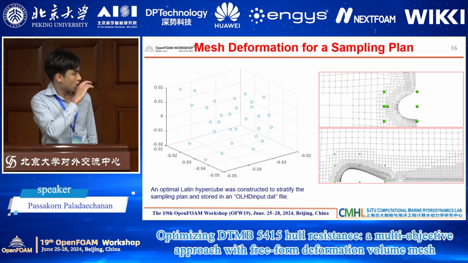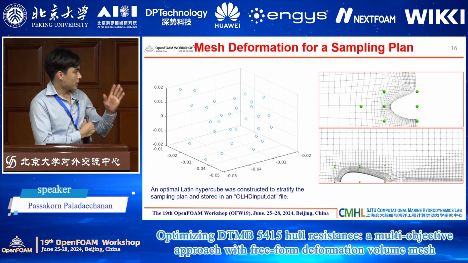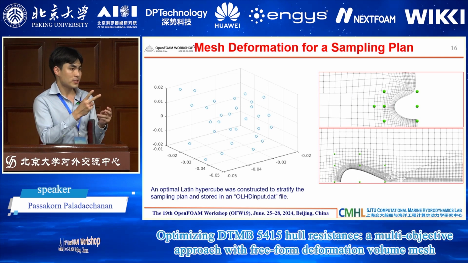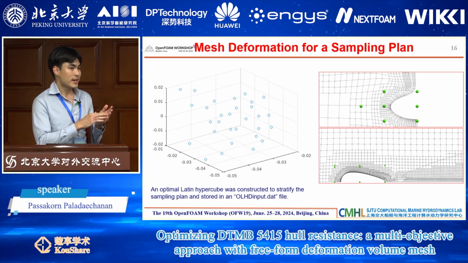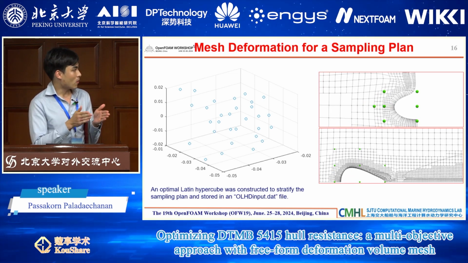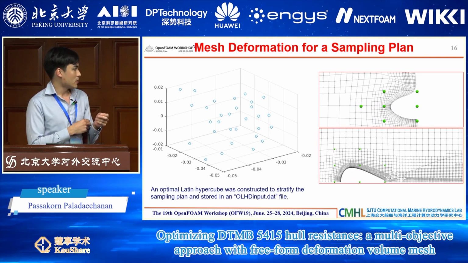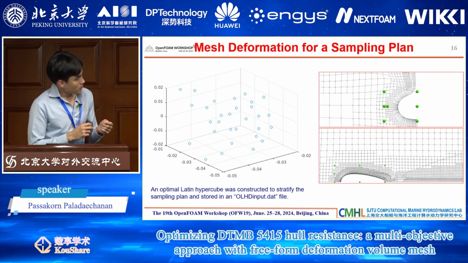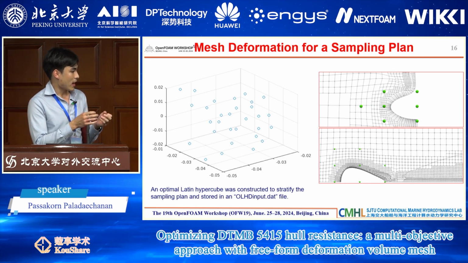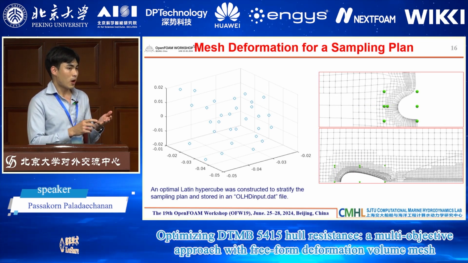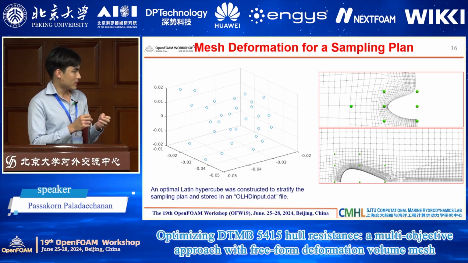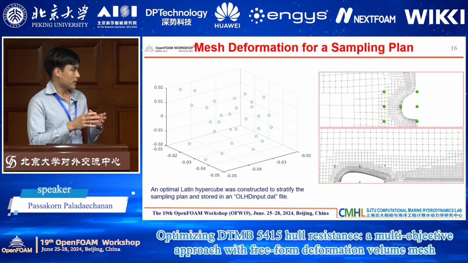Yes, because, no, in this study we have two design variables. This side and this side, so we deform in these two directions. We don't encounter any crucial problem, but the crucial problem is only if we deform it too much.